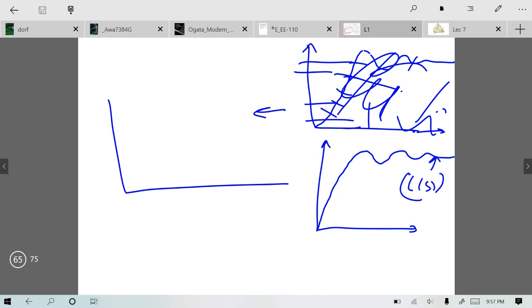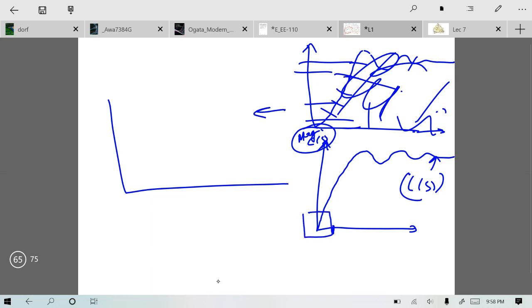So what would happen when you add a pole in your right half plane? Initially your value of C of S is low. This is the magnitude of C of S. The value is initially low, the slope is high.